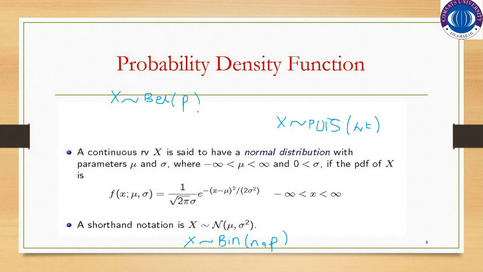So this is the way to write the shorthand notation that your random variable is following a specific distribution, with the distribution having its parameters.